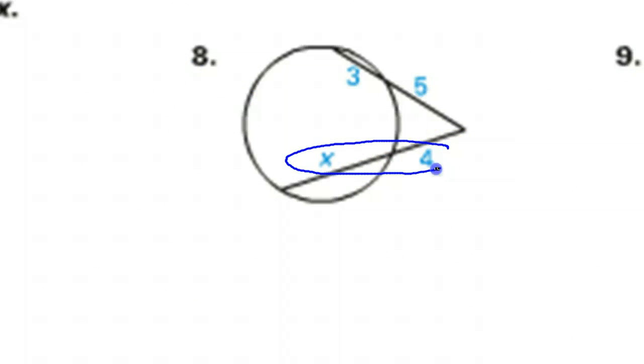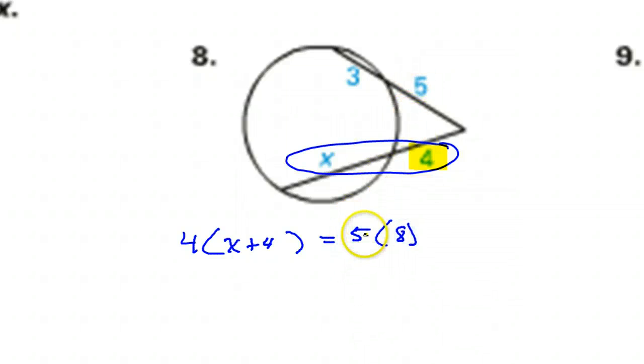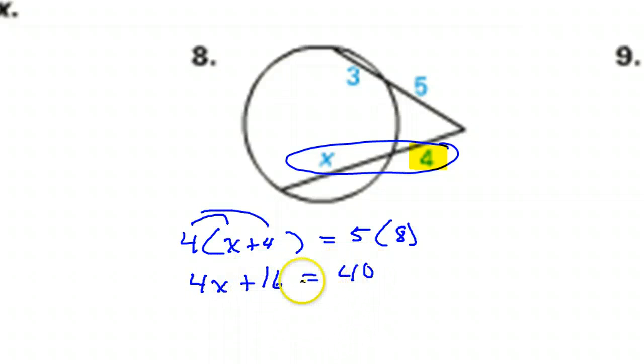Okay, looking at these two, the 4 is the part, because it has to be the outer part. So I put that first. The whole is the sum of these, so x plus 4. So remember, we're doing part times whole equals part times whole. Again, the part has to be the outer part, the 5, not the 3. And then, of course, the whole is the sum. So distributing gives me 4x plus 16 is equal to 40.